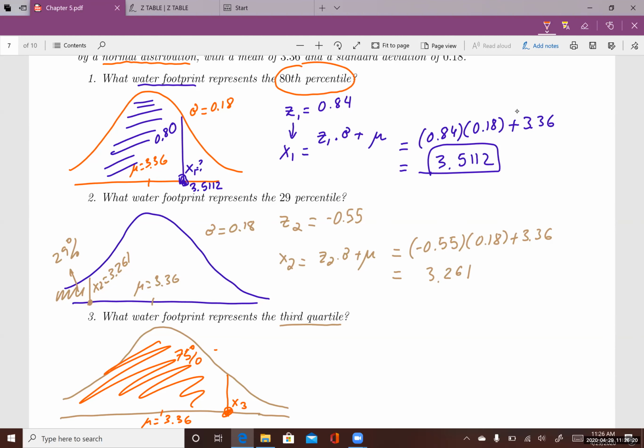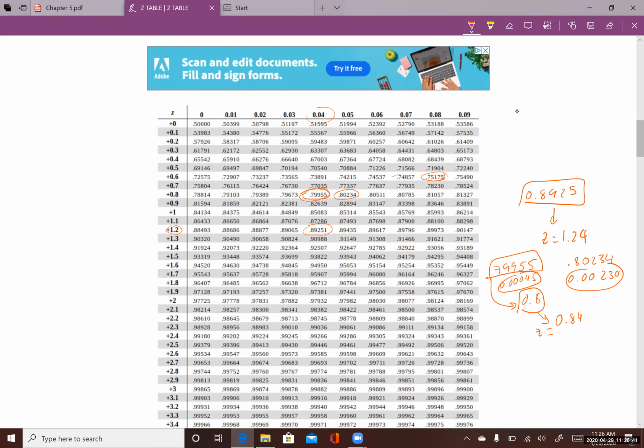What is z3 that corresponds to 75%? So it should be the positive one. So I look at 0.75175 and 0.74857.